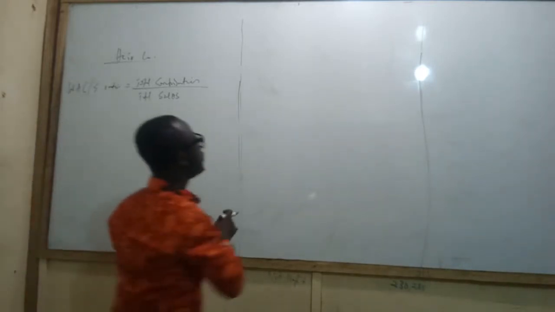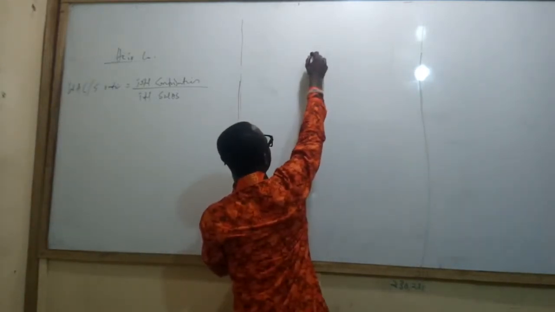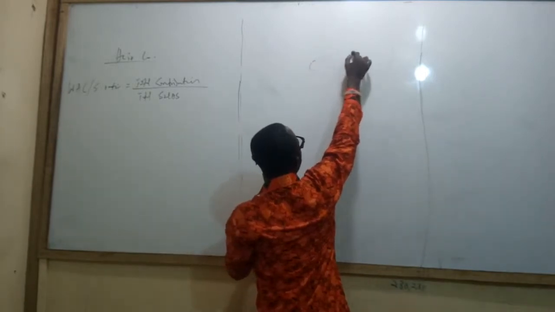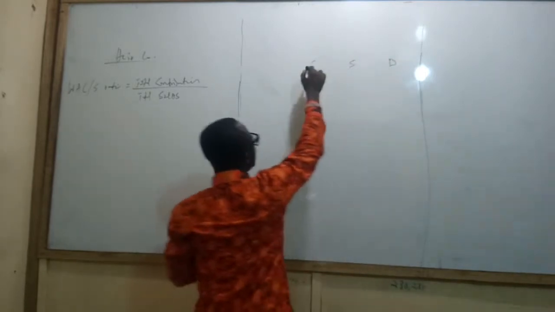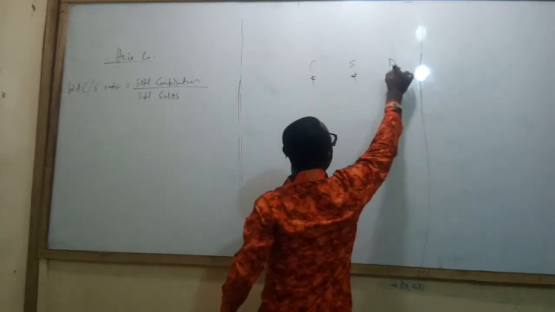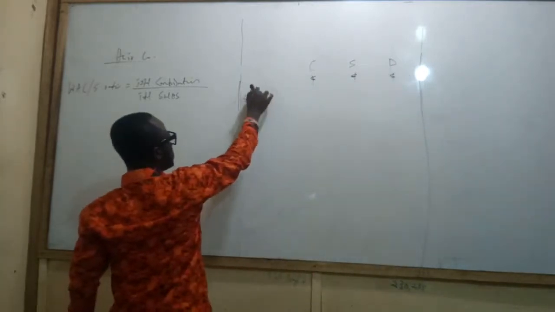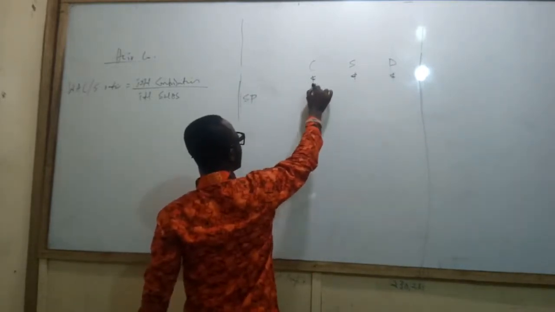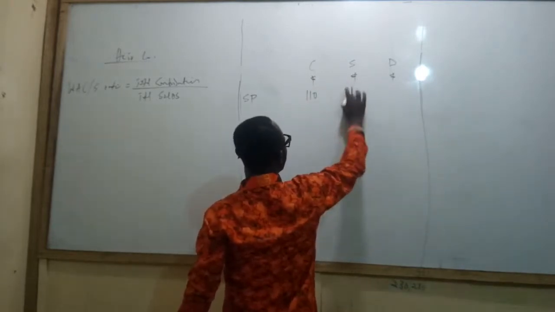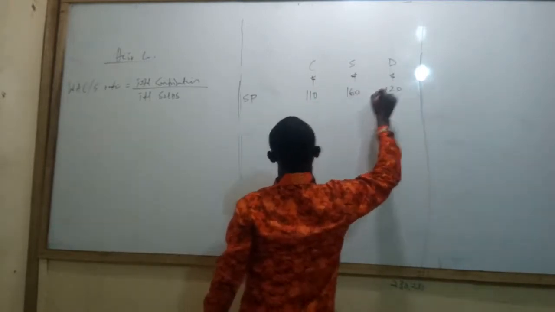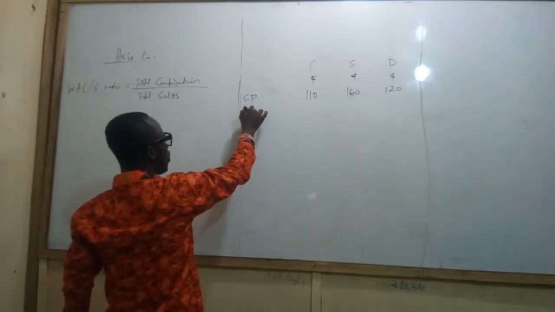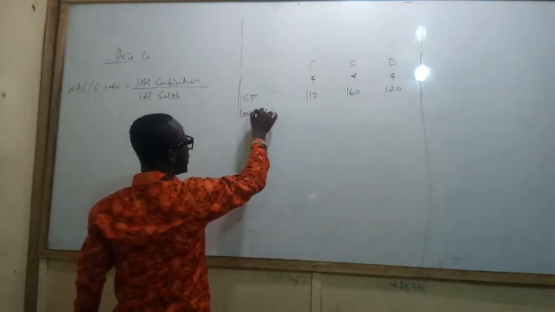So look at it. 3 products. What are they? C, S, D. Let's go. Give me the selling price: 110, 160, 120. Less variable cost. What are the variable costs in it?